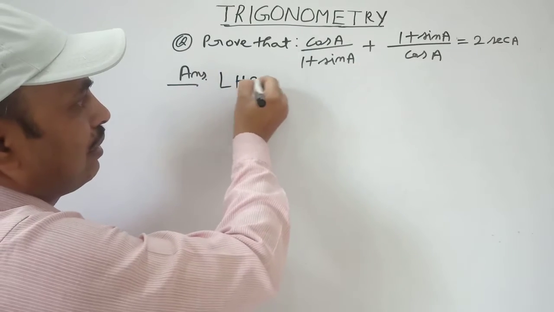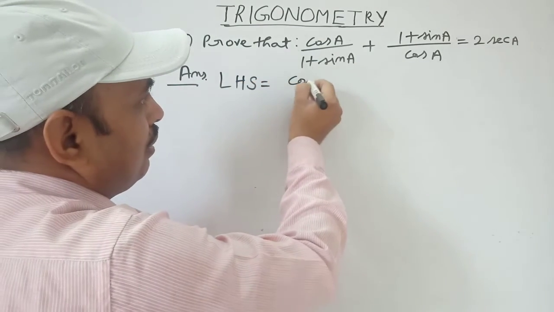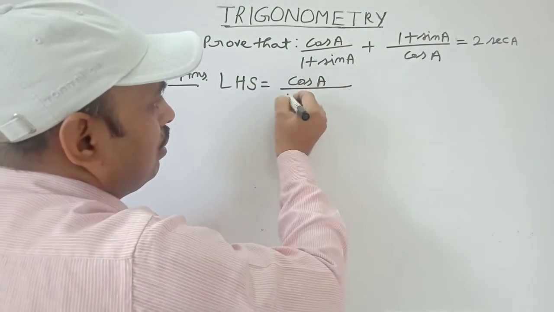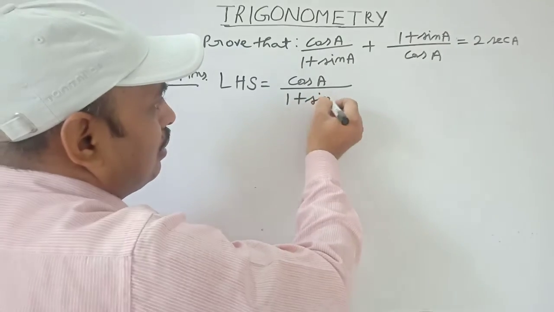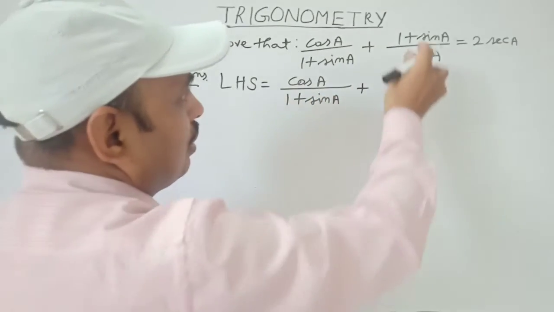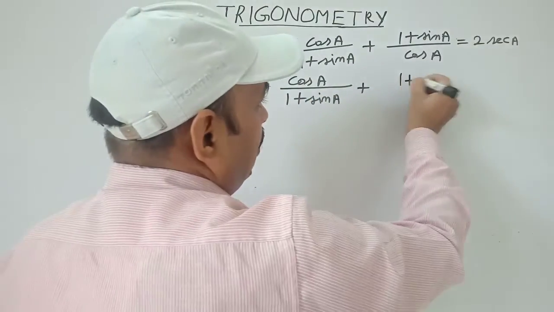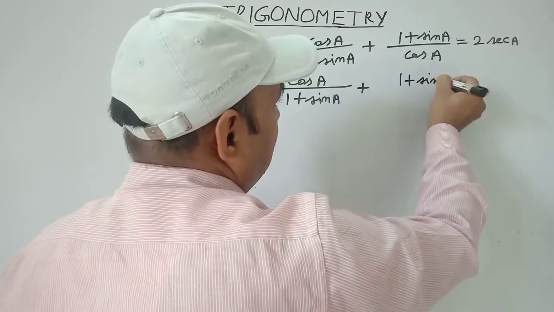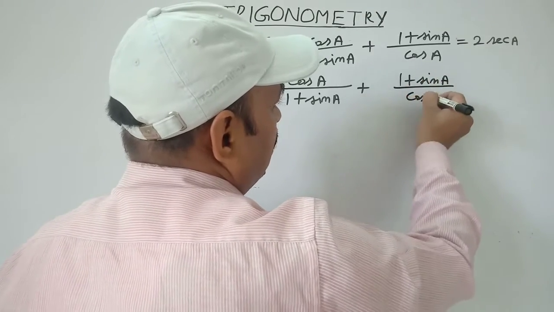What is LHS? LHS is cos A upon (1 plus sin A) plus (1 plus sin A) upon cos A.